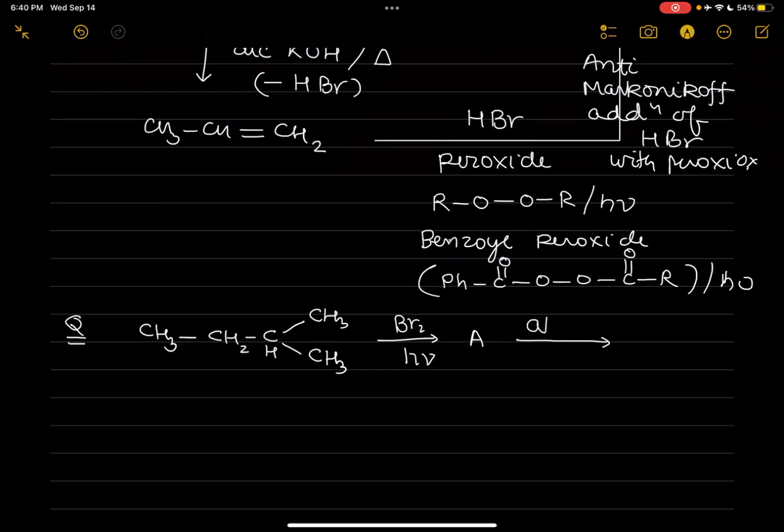Then you treat it with alcoholic KOH. Alcoholic means dissolved in alcohol, ethanol, KOH and heat, base and heat.